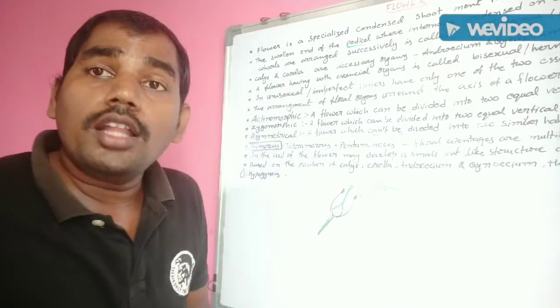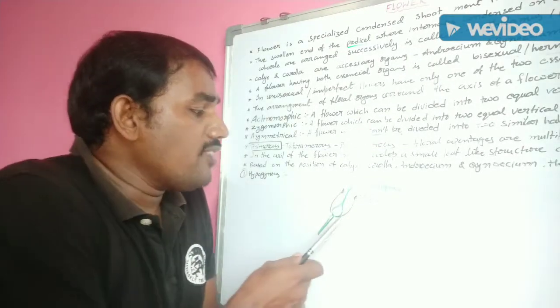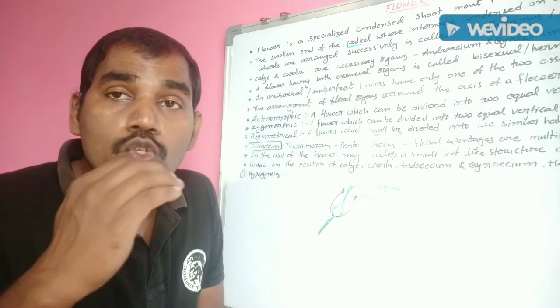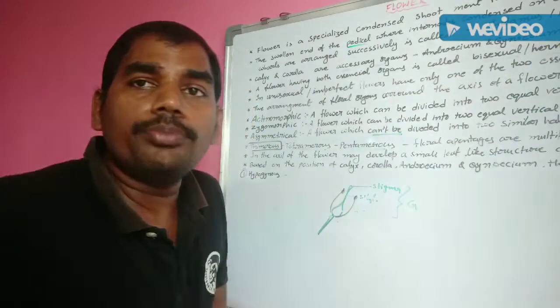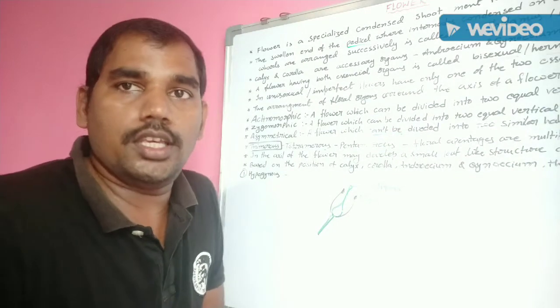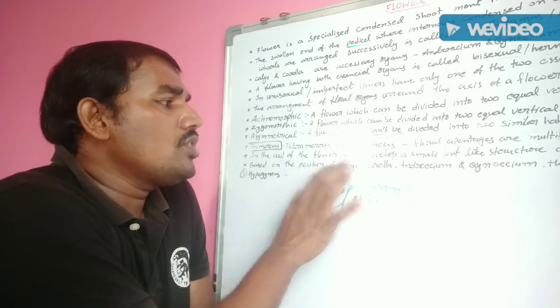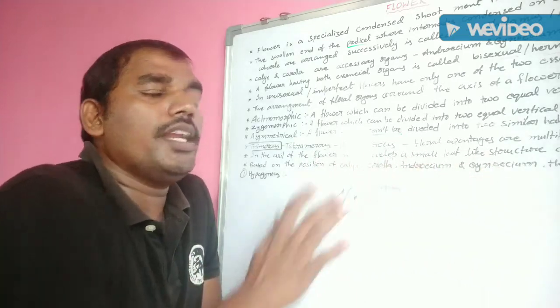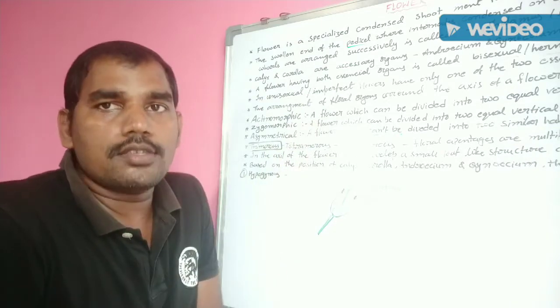On the basis of the ovary position, these flowers are known as superior ovary flowers. Based on the position of calyx, corolla, androecium and gynoecium, these flowers are known as hypogynous flowers.